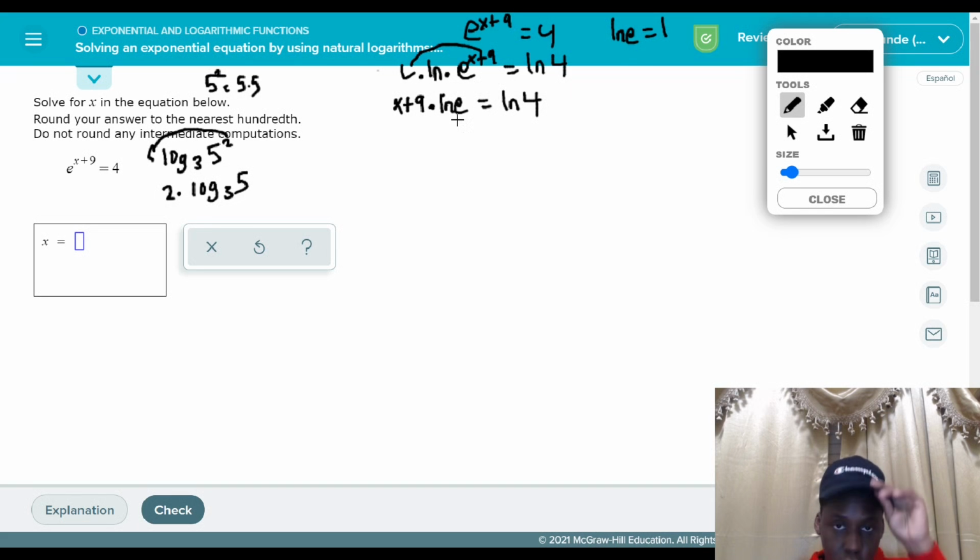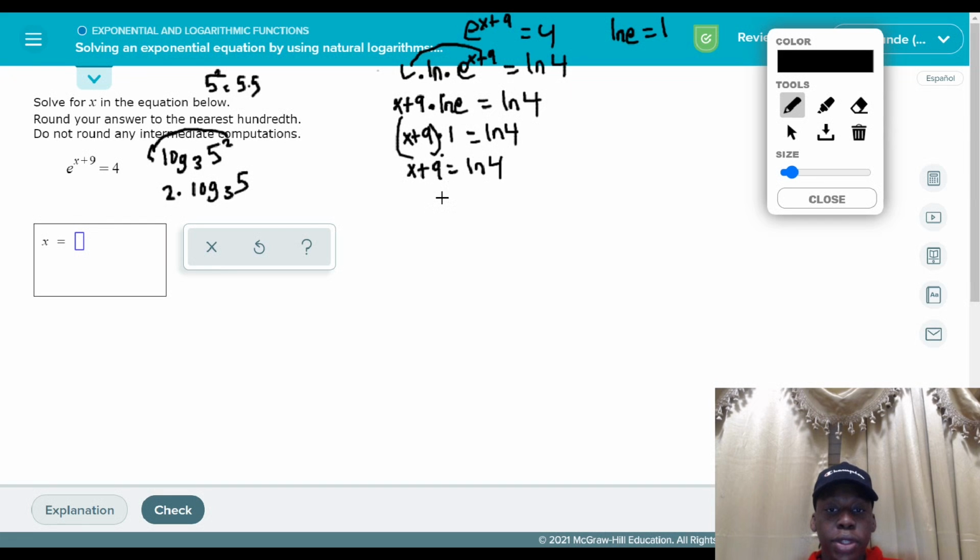This is basically saying x plus 9 times 1 equals ln 4. And anything times 1 is the same number, so this is x plus 9 equals ln 4.